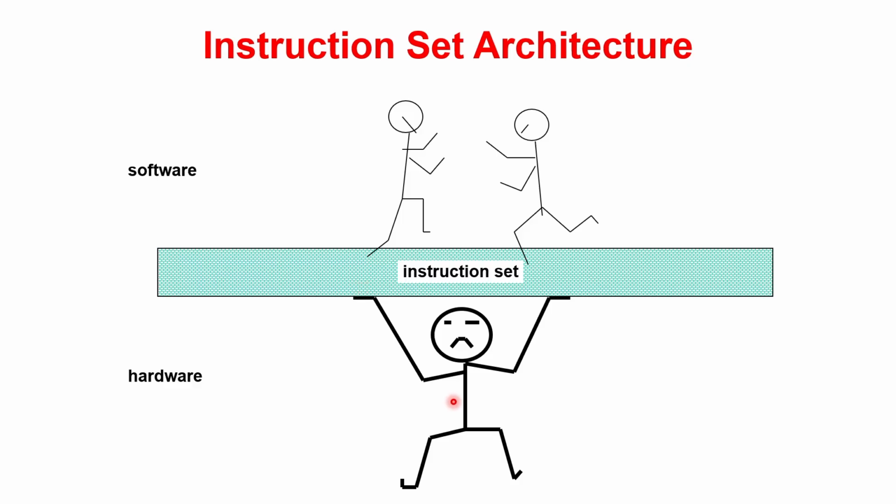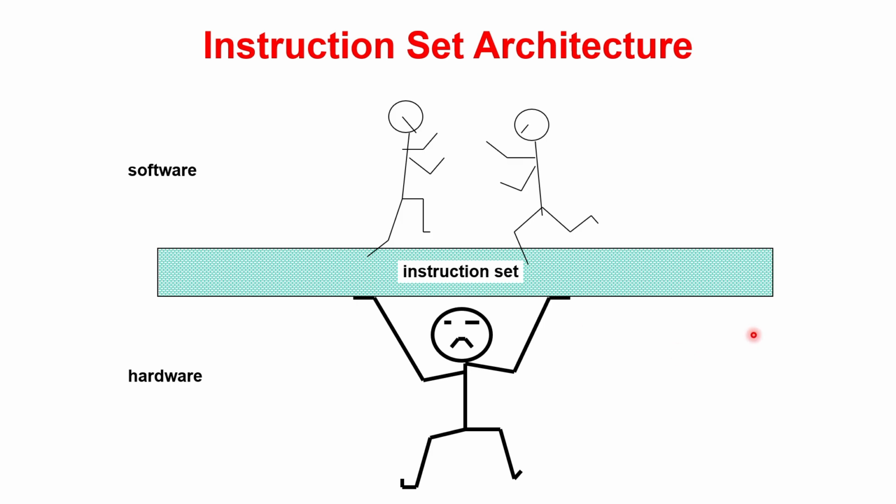Software, including the operating system and applications, is written to understand and use this instruction set, while hardware, including the processor and memory, is designed to execute these instructions.